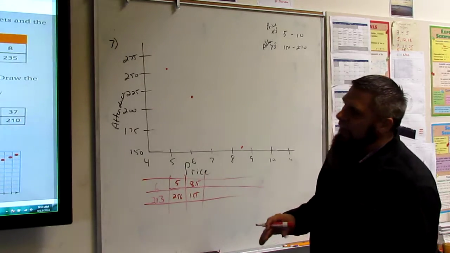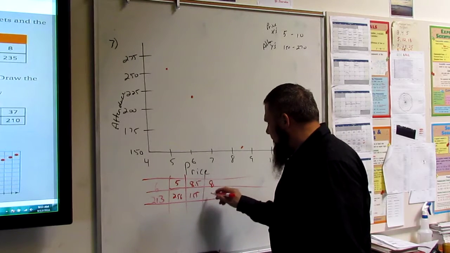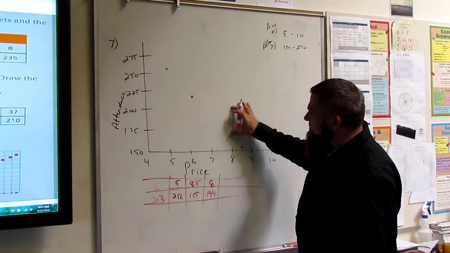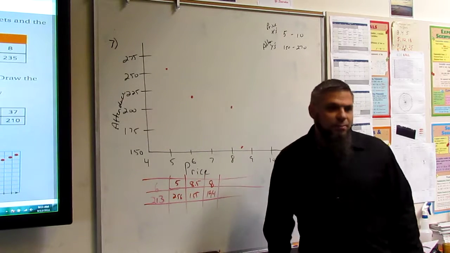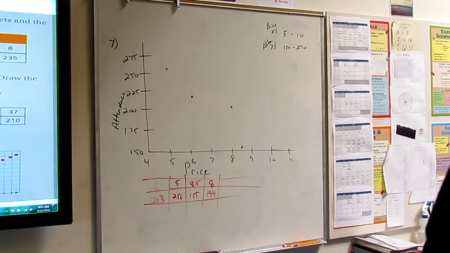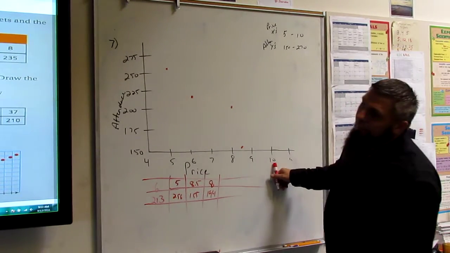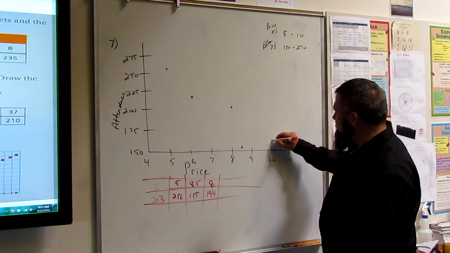Okay, so then we go to 8 and 194. So I go to 8 and go up to 194. It's a little bit less than 200. So I plot that point. And then I go to 10 and 160, a little bit up.